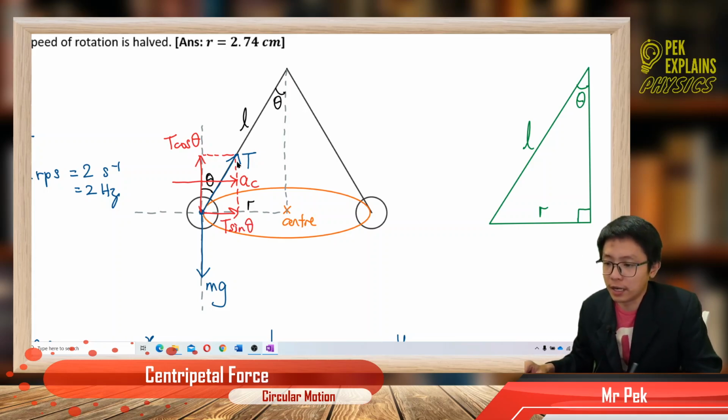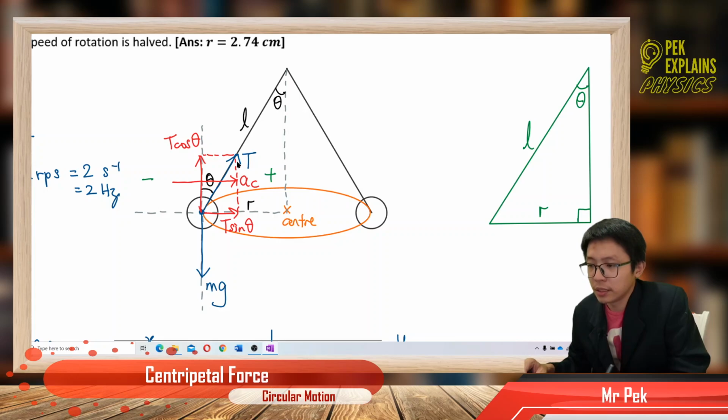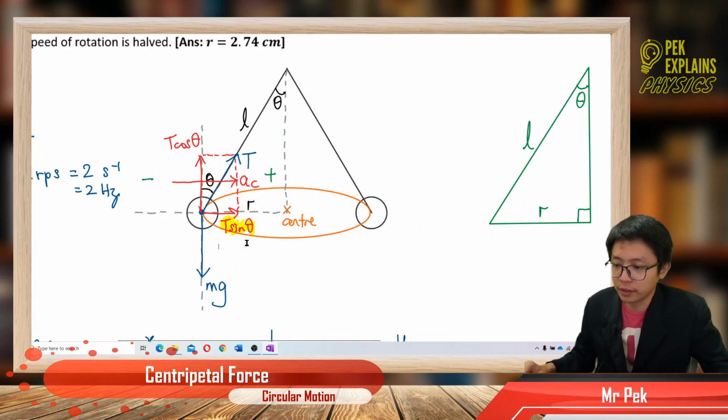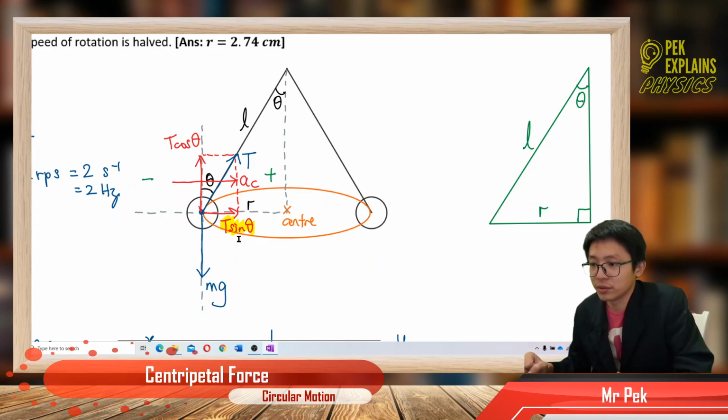Okay, good. Now, follow acceleration positive, opposite acceleration negative. So T sine theta is positive because it follows acceleration. And you see, in the x component, it has the acceleration, meaning the resultant force is only at the x component. So T sine theta is the resultant force. Understand?